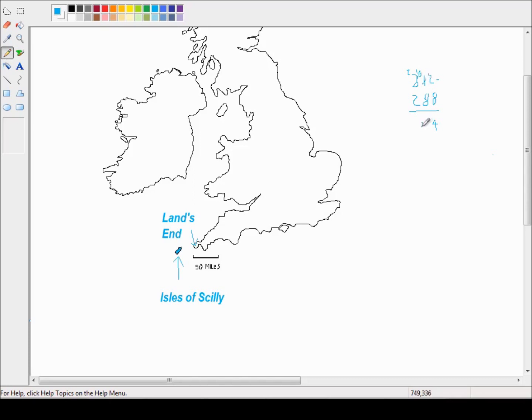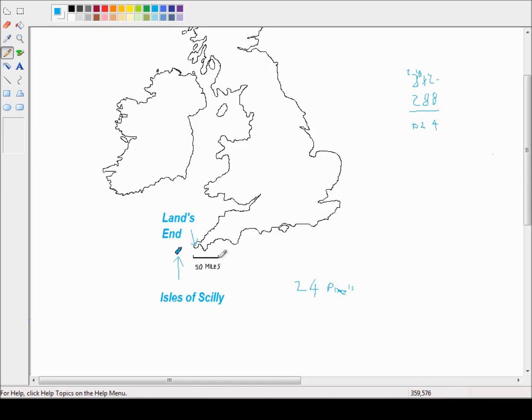So that's 2, so that's 24. So I make it approximately 24 pixels between Land's End and the Isles of Scilly.